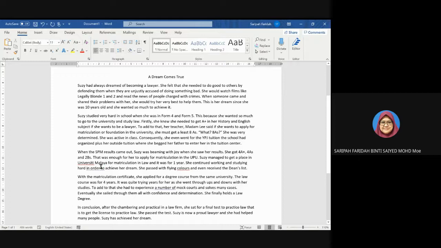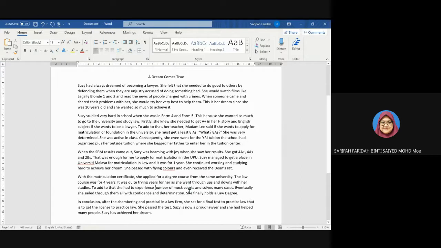"This is in order to" is wrong. Studying hard to achieve, just that. "In order" is wrong. Okay, like that. A number of mock courts and solve many cases. So grammar check. When the language is okay and the spelling is okay, you can get 5/5 like that.